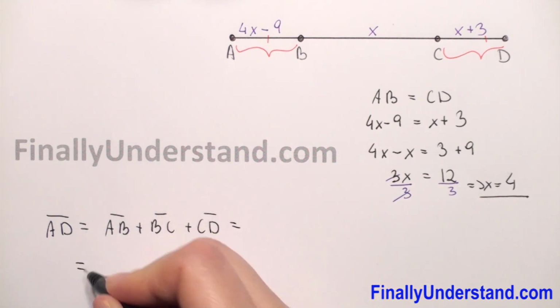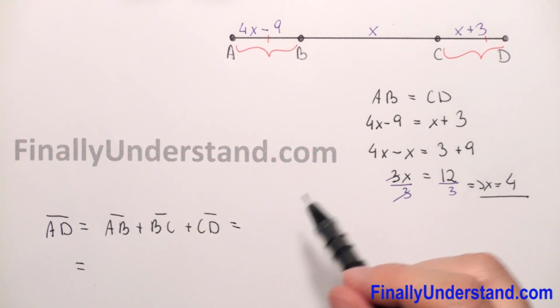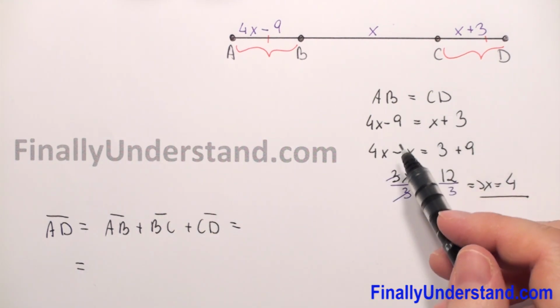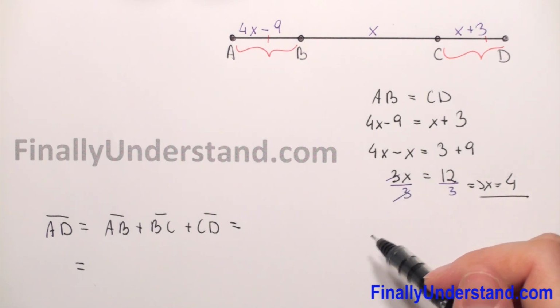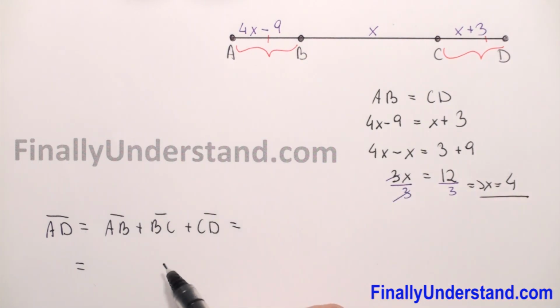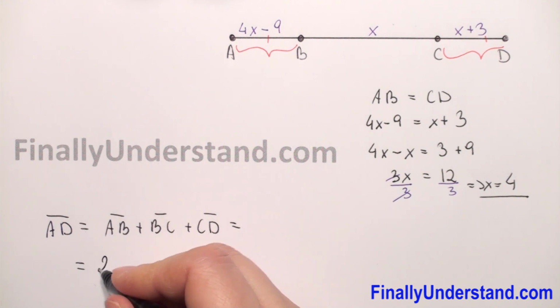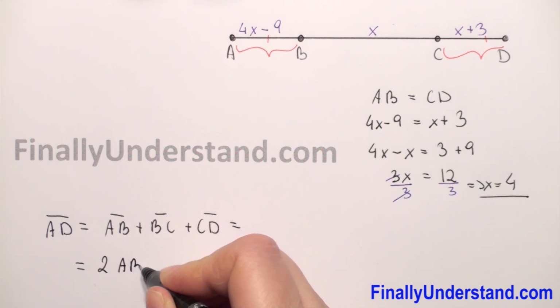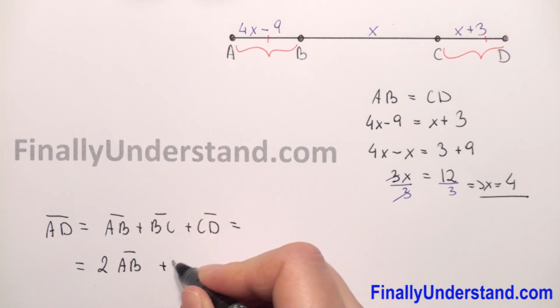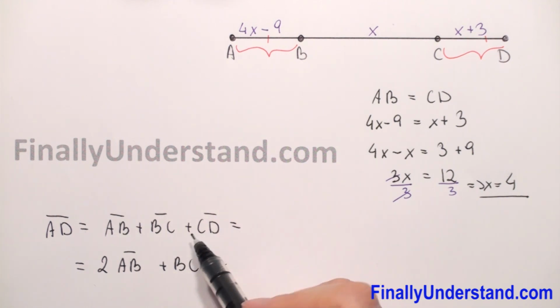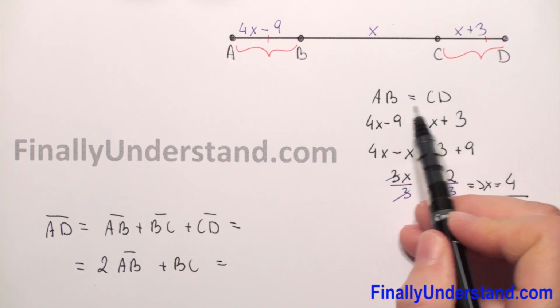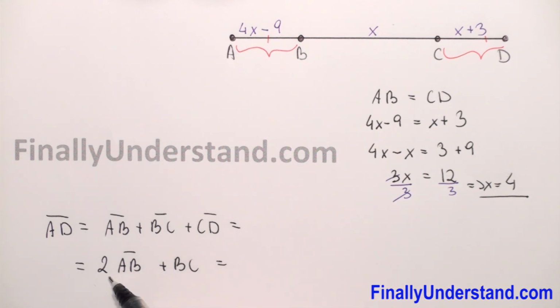So AB is equal to CD, so we can write that we have what? 2 times AB segment plus BC. Why? Because AB is equal to CD. So I can write that this is 2AB and we have to add BC.